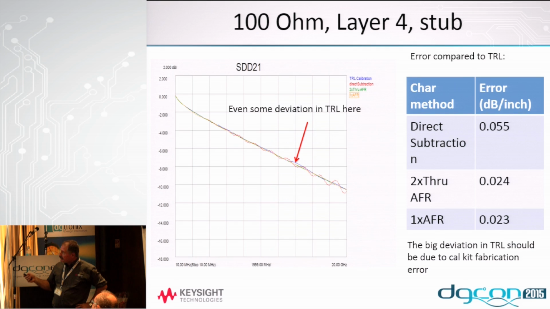So here we did 100 ohms, layer 4, and we did the comparisons here, and you can see that even though the direct subtraction is twice these others, it's still extremely low.